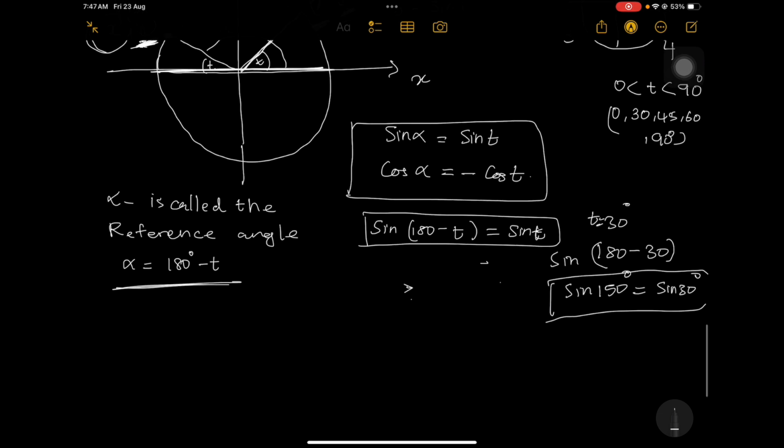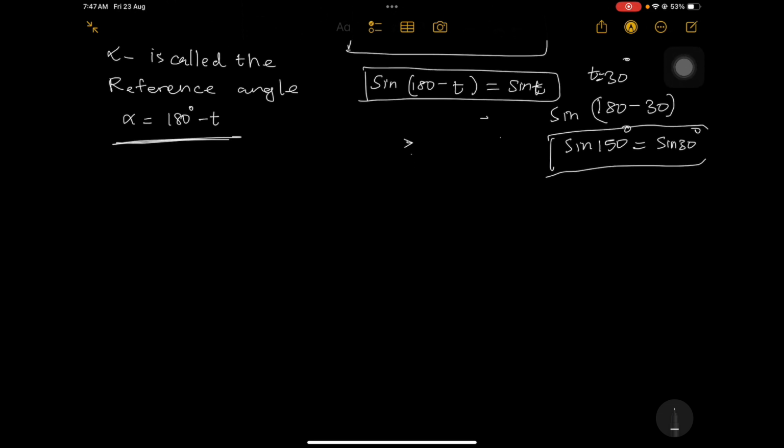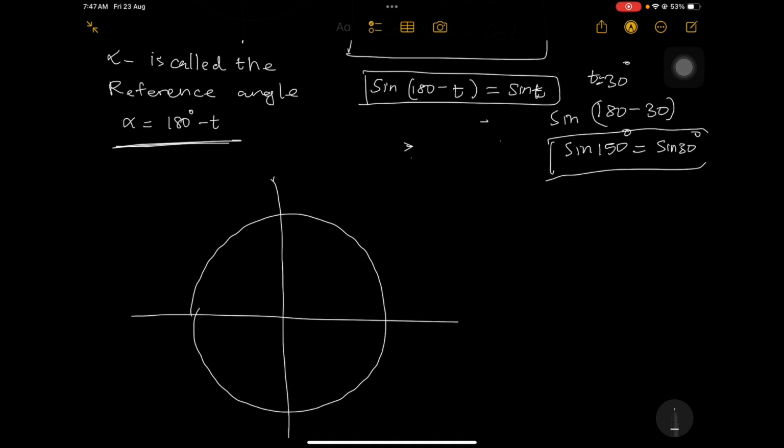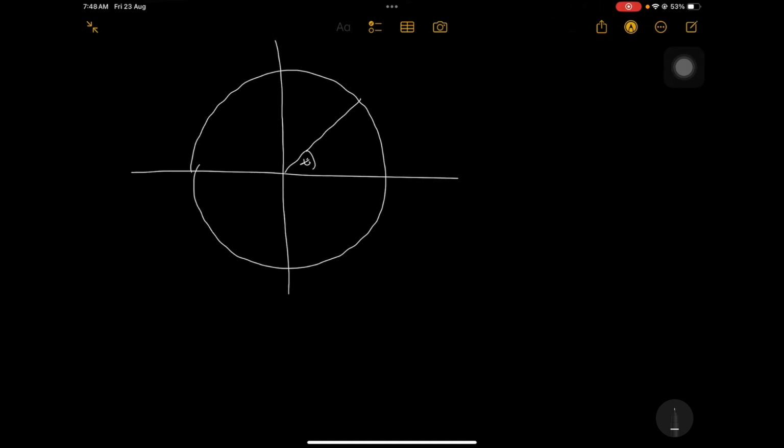Let's go for the fourth quadrant. The same way, I am going to draw a symmetric. Let's say this is t, an acute angle. Then beta is calculated from this horizontal point to this fourth quadrant point.